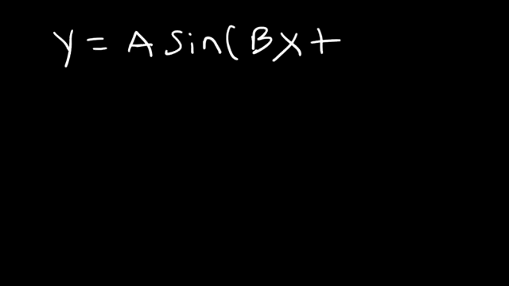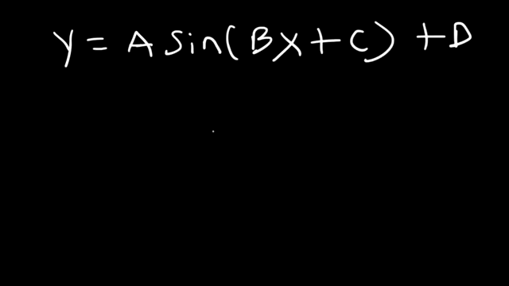Now you need to be familiar with the general form of a sine wave. The general equation is y is equal to a sine of bx plus c, plus d. A represents the amplitude, B is used to calculate the period.